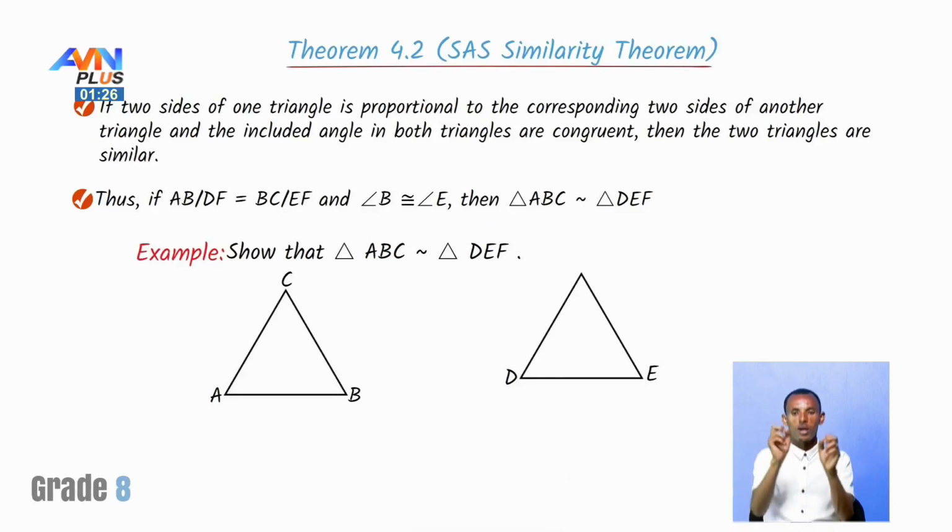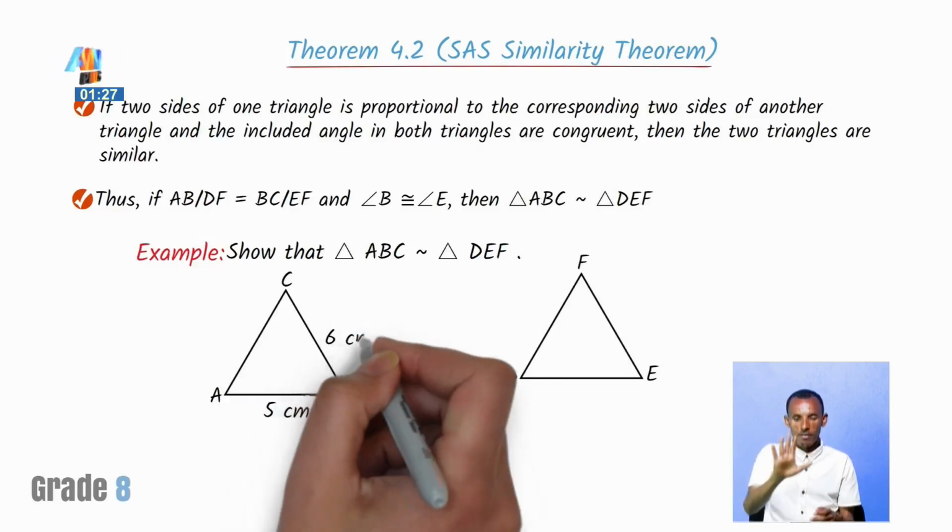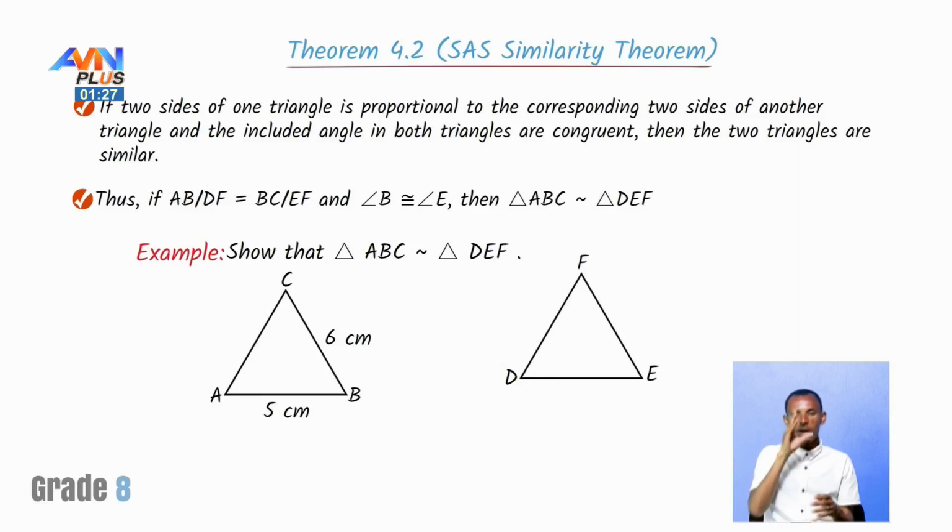Okay, assume the side AB is 5 centimeters, and this one is 6 centimeters, and this one is 10 centimeters. Say this is 12 centimeters. One more piece of information about these two triangles is, assume this is 35 degrees, and this is also 35 degrees.